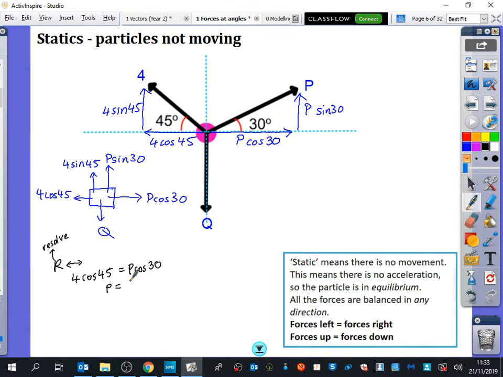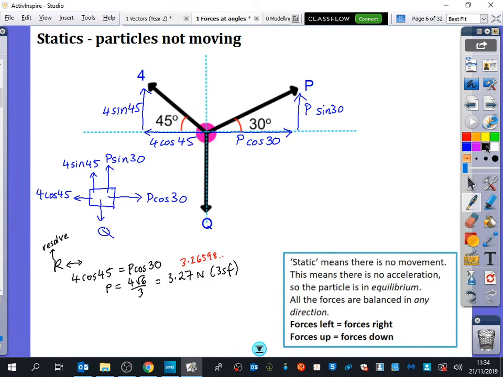We come up that P is 4 root 6 over 3 when you just divide by cos 30, which is 3.27 newtons to 3 significant figures. What you might like to do though is just write a few extra numbers in case we're going to use it later on in the question, because we are going to use it later on in the question. So I always like to write down a few extra numbers because that might be helpful.